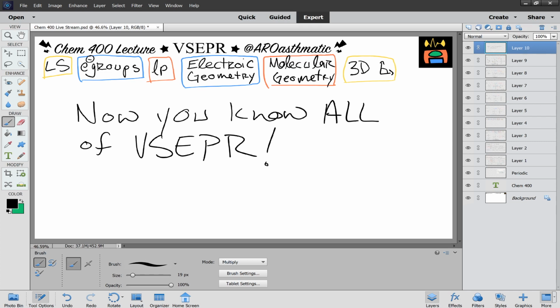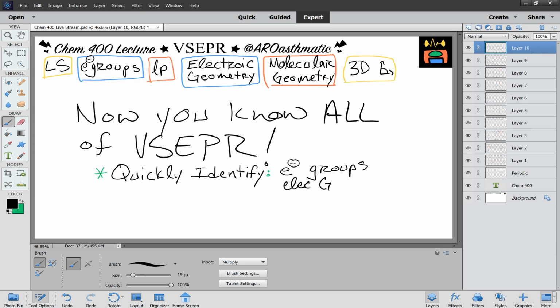So it's important that you're able to quickly identify your electron groups, electronic geometries, molecular geometries, and bond angles from Lewis structures.